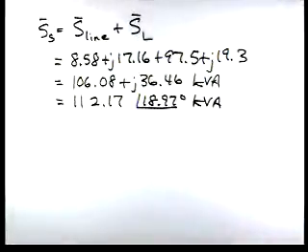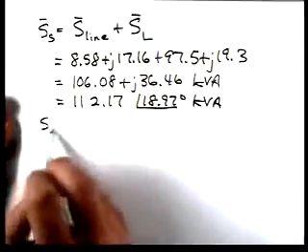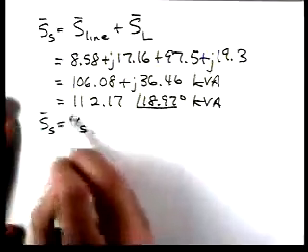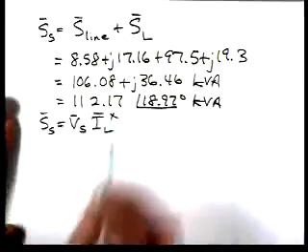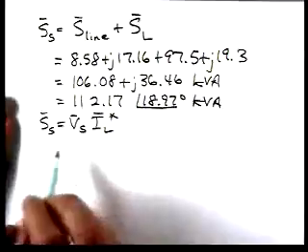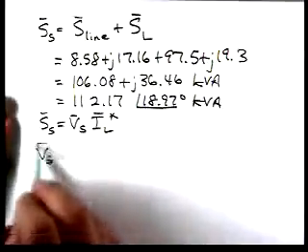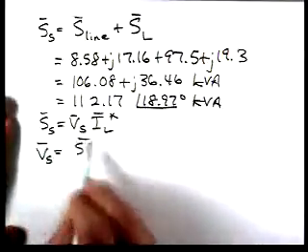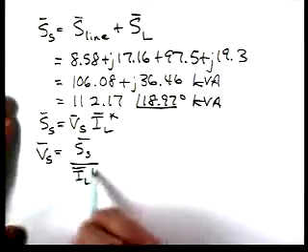Now we can calculate V sub S, because we know, for instance, that S sub S is V sub S IL conjugate. So then V sub S should be S sub S over IL conjugate.